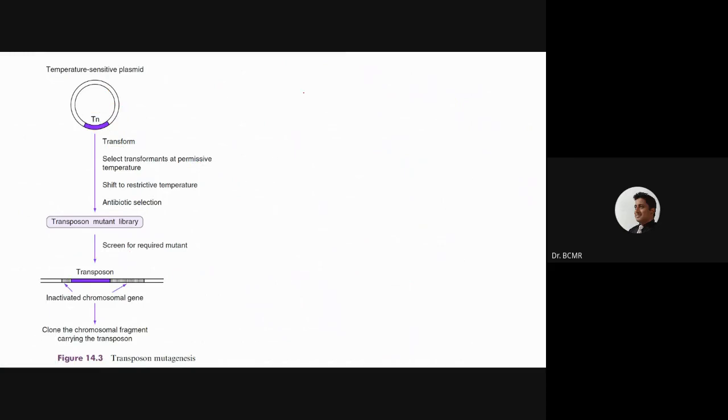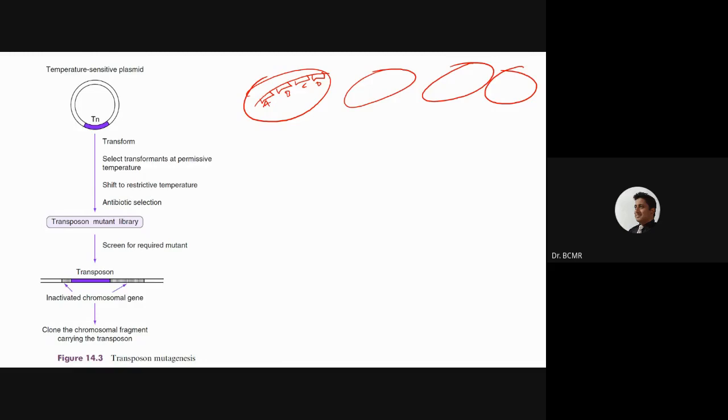So what you have now done is you have a large number of cells, and assume this is the genome. You have A, B, C, and D. Those are the genes. In one cell, this is where the transposon is hit.